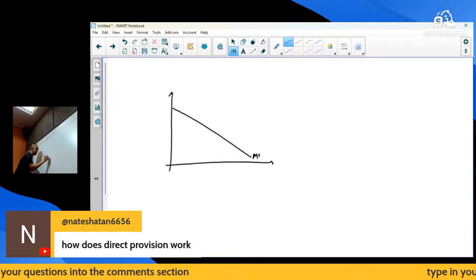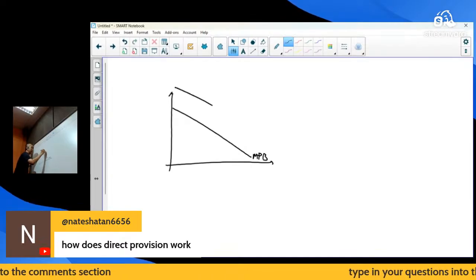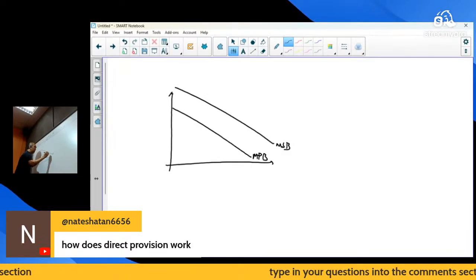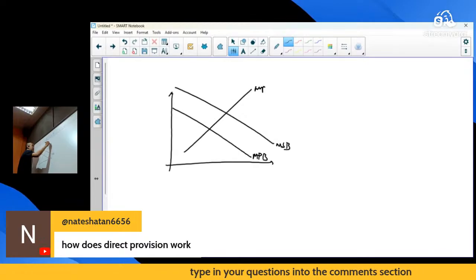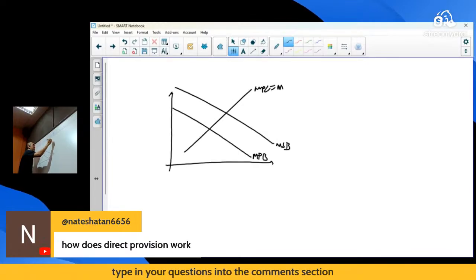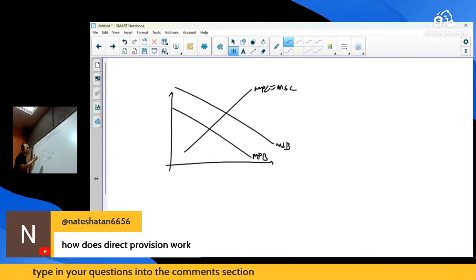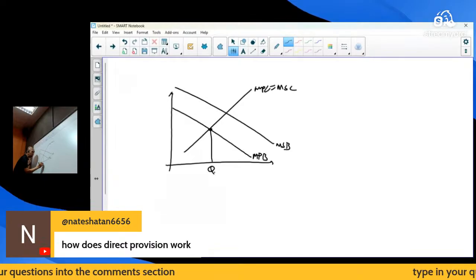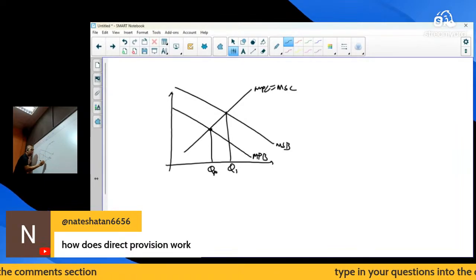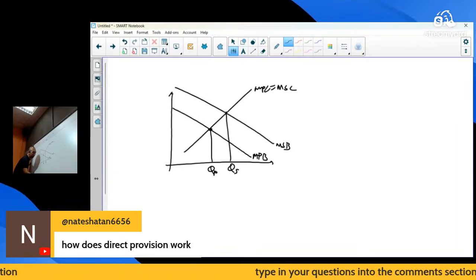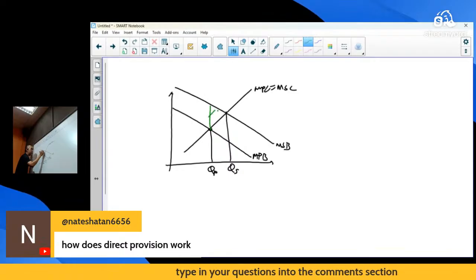You might have MPB much lower than MSB, and MPC equal to MSC. So this would be a case of QP less than QS. That's called underconsumption, and this results in a deadweight loss area equal to this.